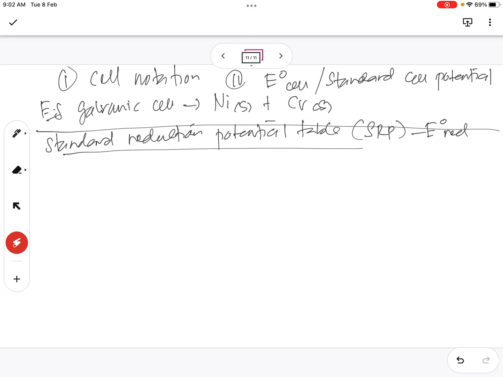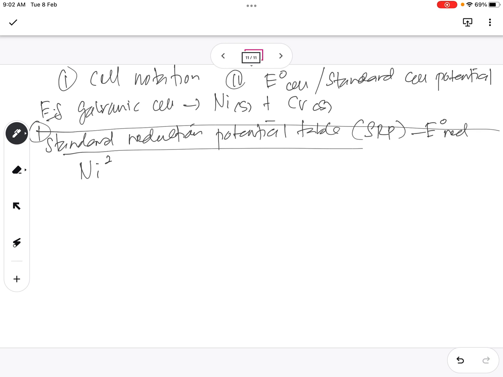So the question asks us to write the cell notation as well as to calculate the E naught cell or standard cell potential for a galvanic cell made up of nickel and chromium. So as step number one, we refer to the standard reduction potential table, or SRP table, for the E naught reduction value. Okay, so I will write the first one.